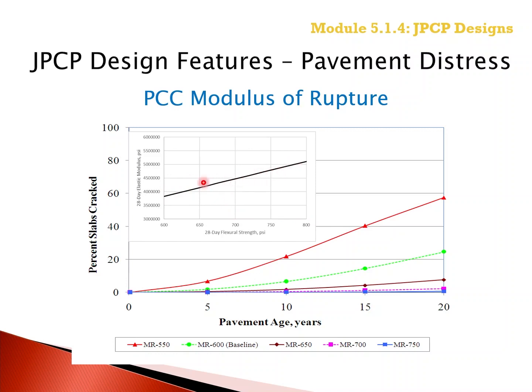As strength decreases, the elastic modulus decreases in accordance with the Pavement ME software, and that results in an increase in the percent cracked slabs. This relationship is in accordance with the regression equation included in the software. And like I said, we'll get into more detail on this in the next section of this module.